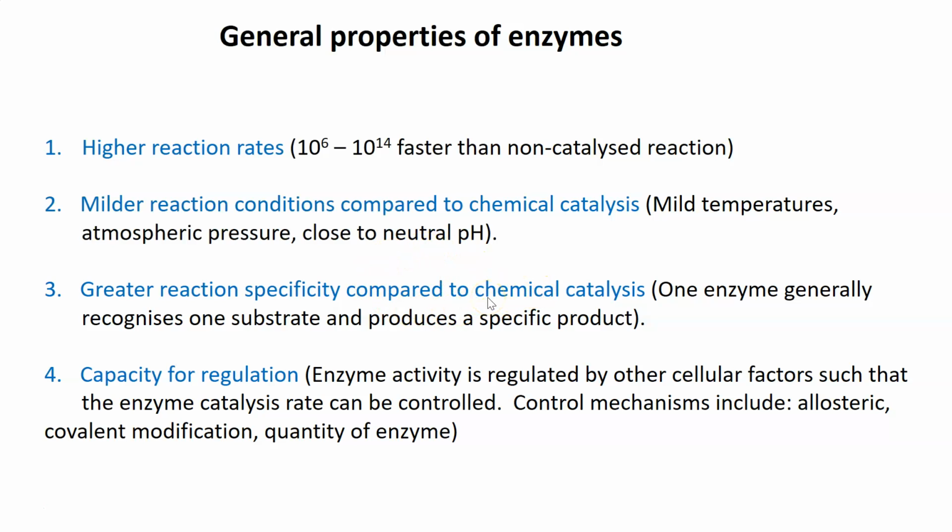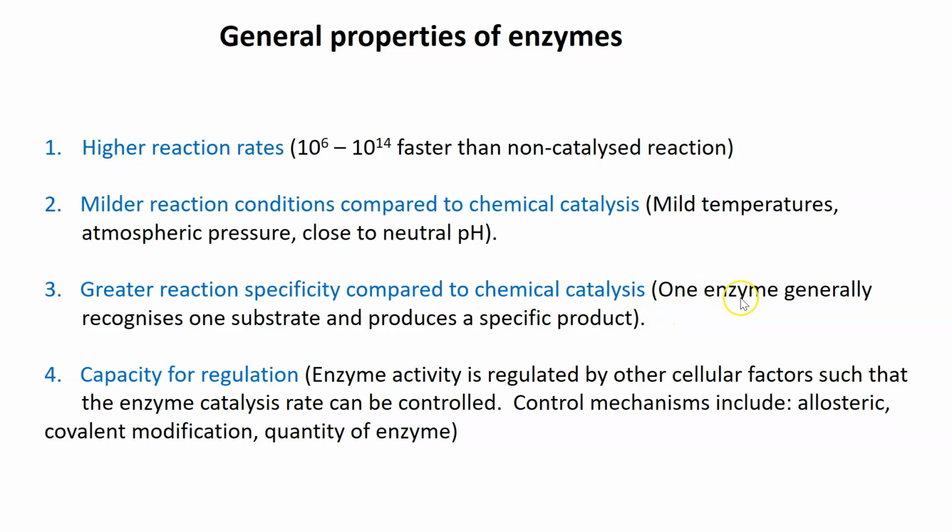As soon as you expose anything to high temperature and high pressures, it can react non-specifically and produce all kinds of products. But with enzymes, you can put anything in the mix, to a certain degree, but you would only get, depending on the enzyme, a very specific product.